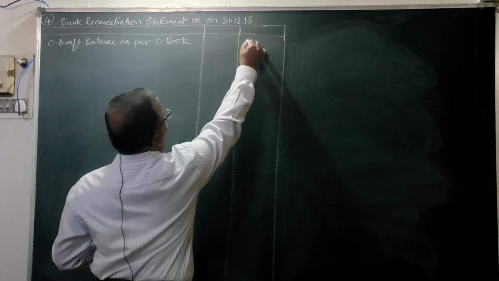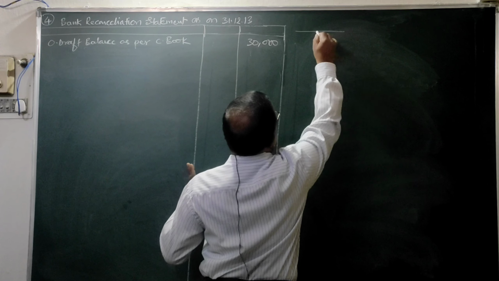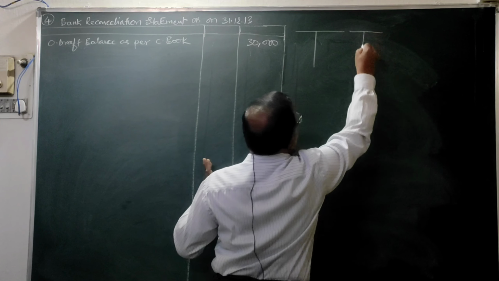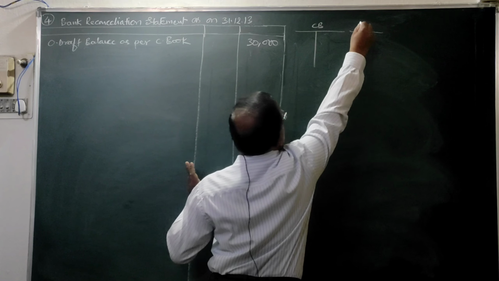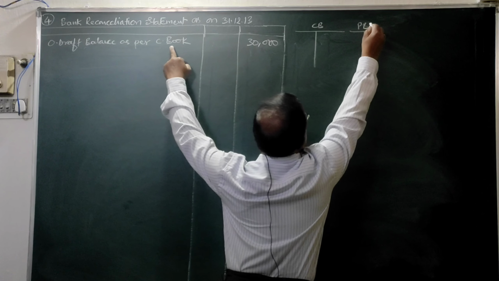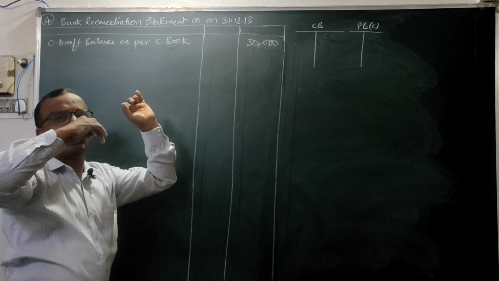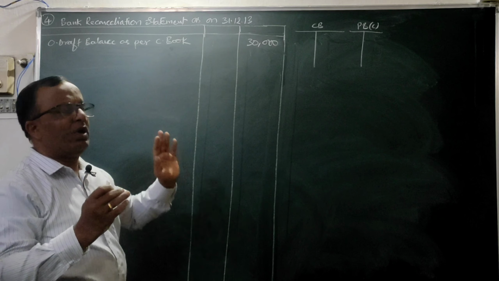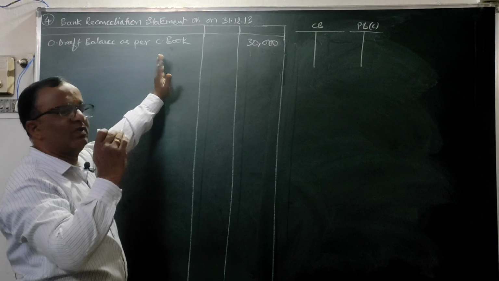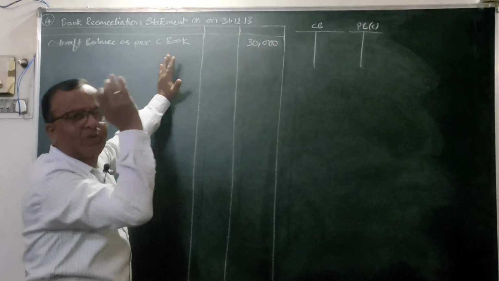Take 30,000 here. In the working note, what are we going to do? Cash book, passbook. We have started the problem with the cash book, so passbook we are going to keep constant. Just like in the earlier problems, from whichever balance you have started, if you have started with cash book balance, passbook we keep constant. If you have started with passbook, cash book we keep constant.